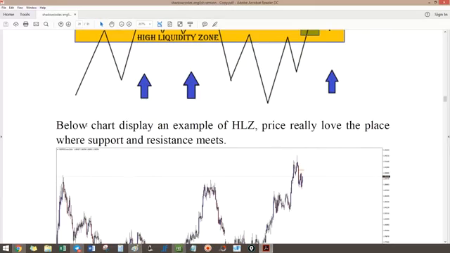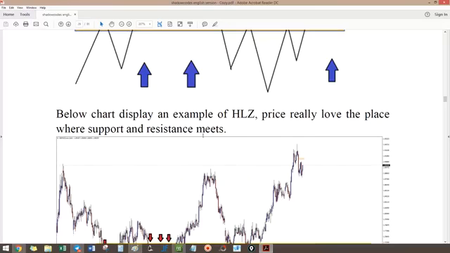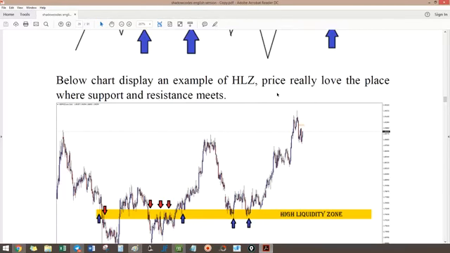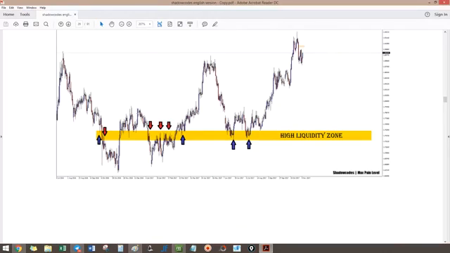The chart below displays an example of an HLZ, which price really loved. Look over here, you got a resistance, and over here you got support, over here a resistance, over here support. Based on this area, you will determine a point to trade.